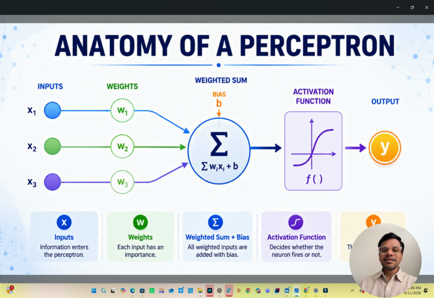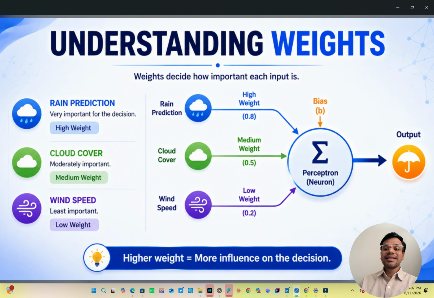After applying the weights, the perceptron calculates the weighted sum. Then it adds something called bias. Finally, the result passes through an activation function. The activation function decides whether the neuron should activate or produce an output. The final result is the output decision. The entire process happens in milliseconds inside AI systems, so we cannot even recognize it. Everything happens within milliseconds.